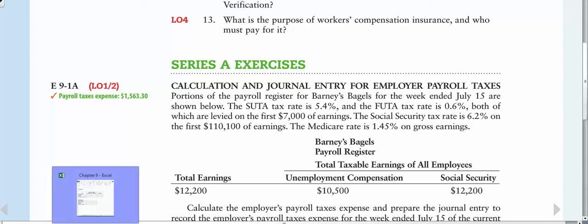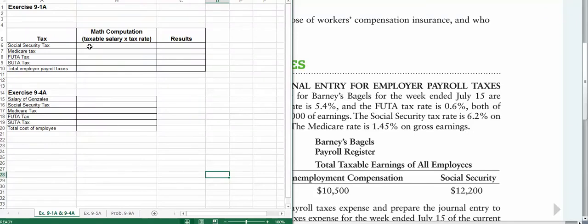So what we're going to do is take our Excel spreadsheet and enter in the formulas that we're going to use. That way it makes our life a little easier. So we have 12,200 times 6.2%. Medicare tax is going to be figured on the 12,200 as well, times 1.45%.